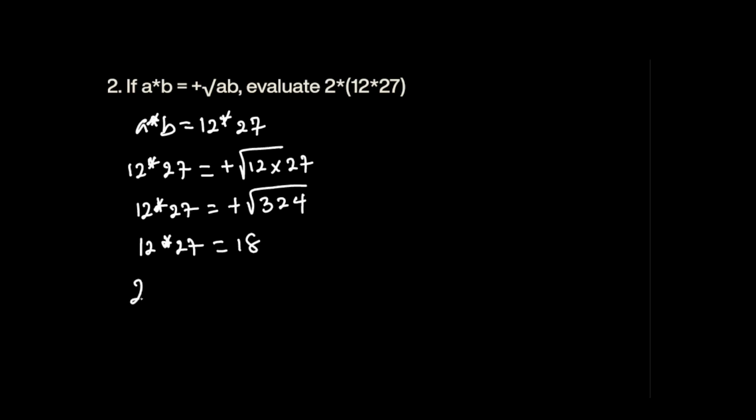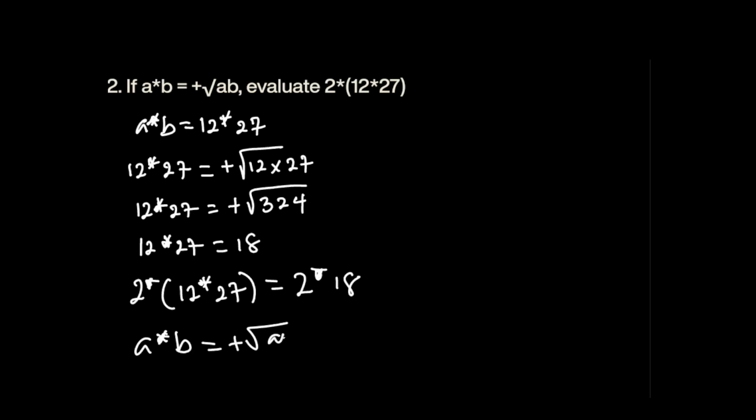So we'll go back to this question now. Instead of having 2 operation into bracket 12 operation 27, we are going to be having 2 operation 18. So 2 operation 18 is what we are now going to solve for. We therefore have that A operation B equals plus square root of AB, which will now become A operation B equals 2 operation 18. So right now, A equals 2 and B equals 18.